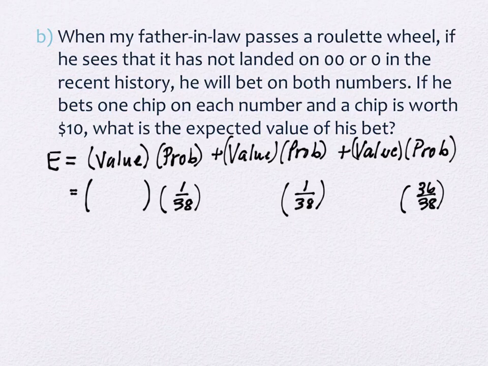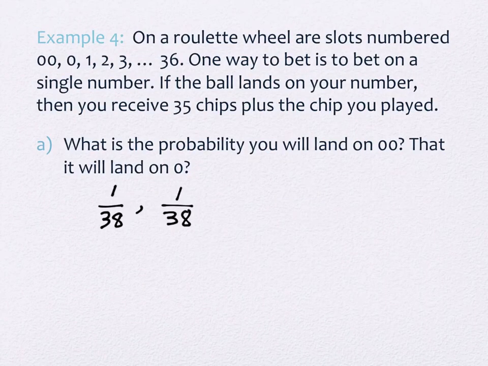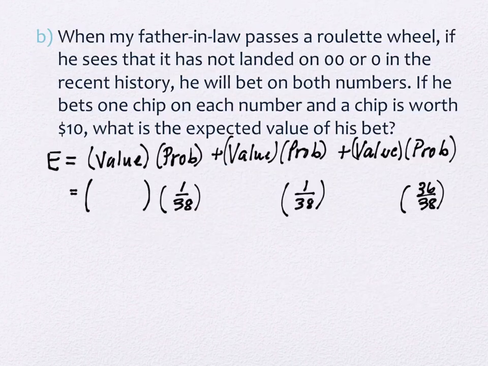Okay, so each chip's worth $10, and he's bet 2 chips. So how much money has he put in? He's put in $20. If he wins, how much money does he get back? $360. Izzy, explain where you got $360. He gets 36 chips, so 36 times 10. He gets 35 plus whichever it actually landed on that was his. So he gets 36 chips back, so he would get $360. Does that make sense?